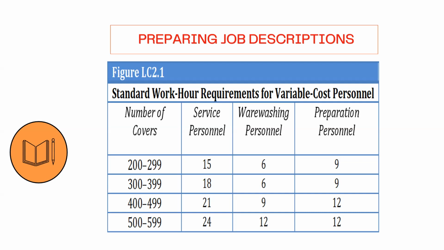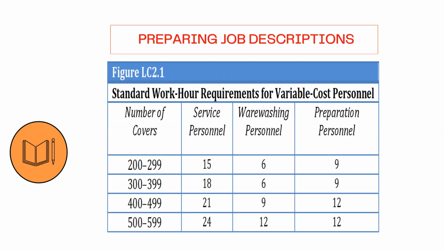These figures are helpful both in forecasting work hours required and in scheduling employees as efficiently as possible. For example, assume that the manager of a given restaurant, after referring to the establishment's sales history, has forecasted 500 covers for a given luncheon period.